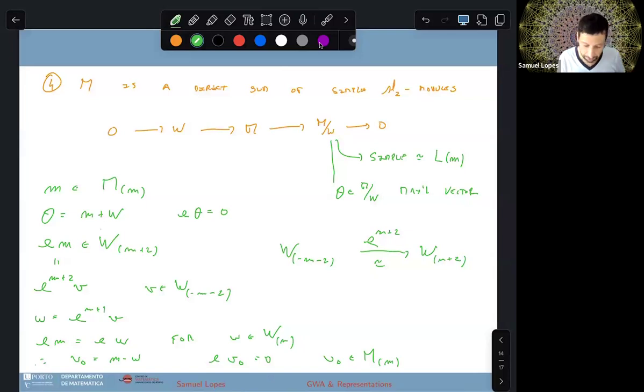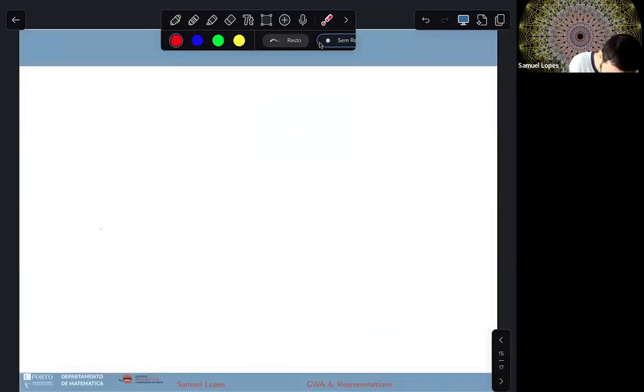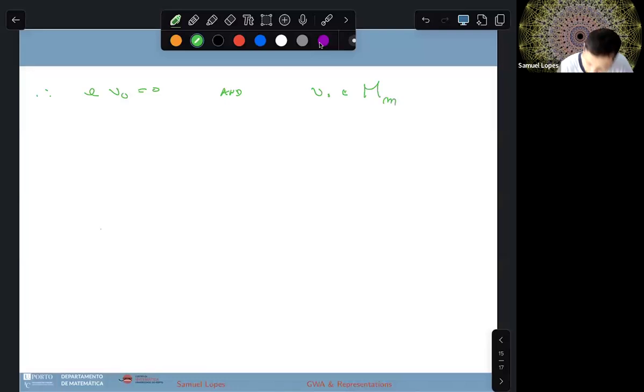But we just proved that if I have something which is killed by E and it's in a generalized eigenspace, it's in fact in the eigenspace. Okay, so the conclusion is that, oops, sorry, E V0 is equal to 0, and V0 is in fact in the normal eigenspace determined by m.